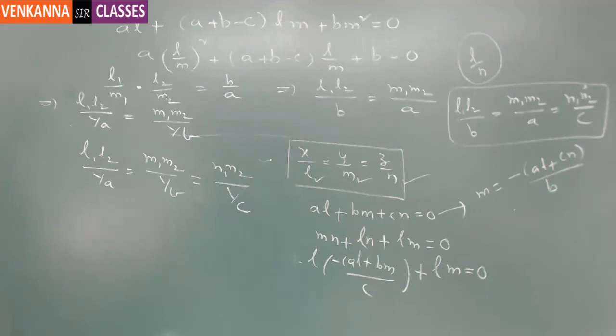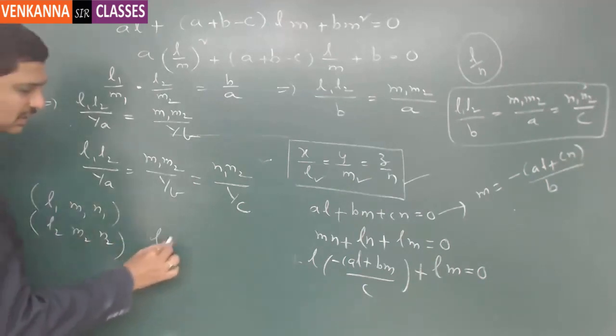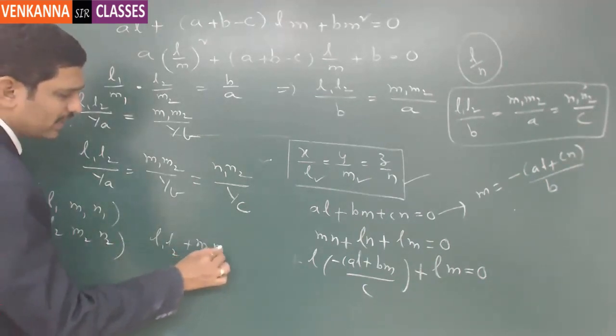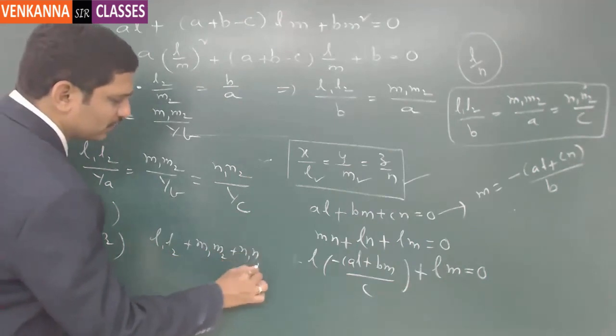Now the question is, given the two lines of intersection, if they are perpendicular, you have to show some condition. If L1, M1, N1 are DCs of one line and L2, M2, N2 are DCs of the other line, then as per the perpendicularity condition, you have L1 L2 plus M1 M2 plus N1 N2 equal to 0.